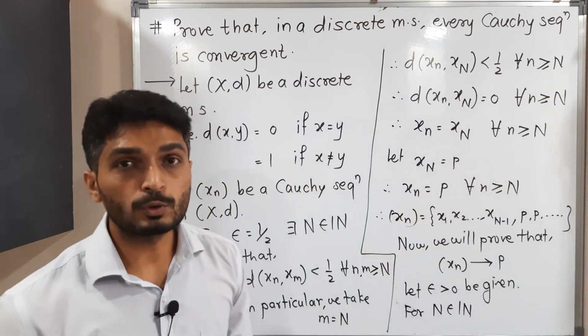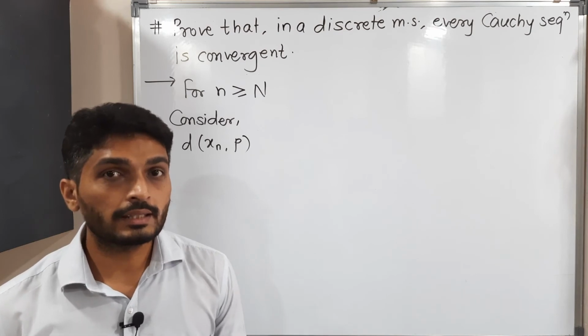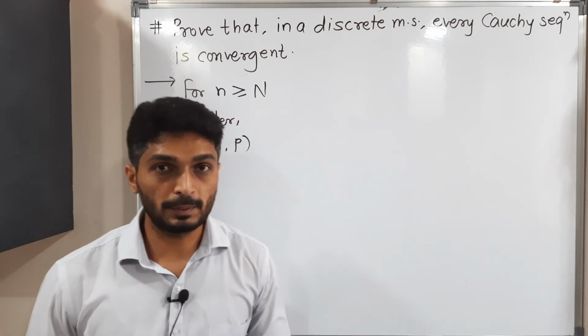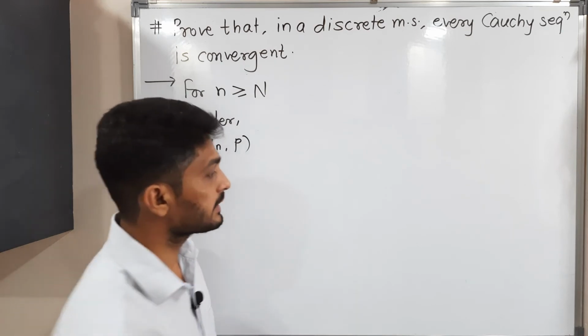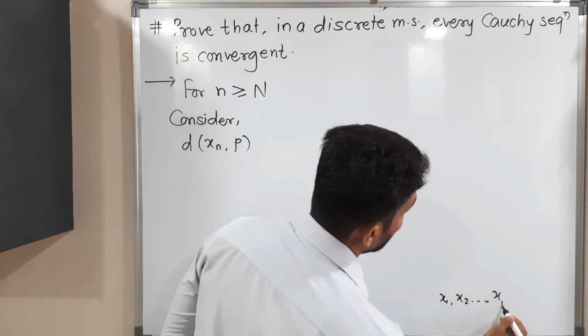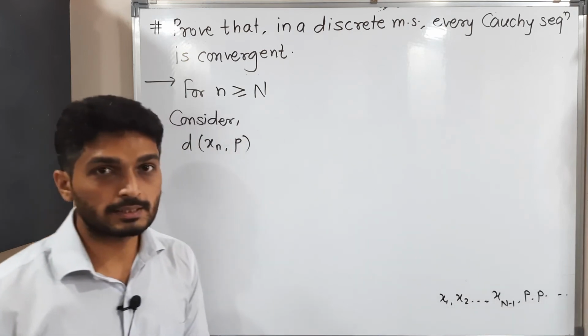There is no more space to write, so make a screenshot of it, then we will go further. For n greater than or equal to capital N, I am considering d(xn, p). We know that we have a sequence like this: x1, x2 and so on up to x(N-1), and the remaining terms are p, all the same.